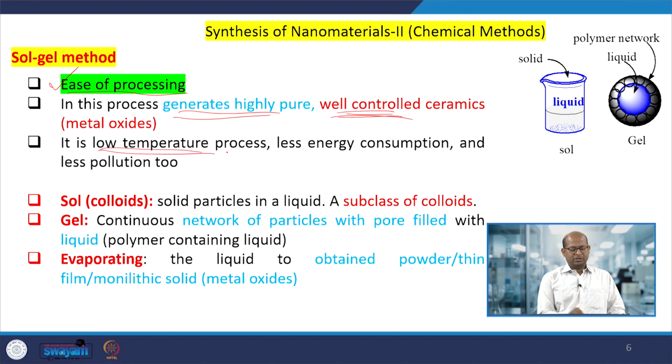These methods usually require very low temperature, therefore energy consumption is very low, and there is less pollution, since the final byproducts formed after the reactions are not that toxic.